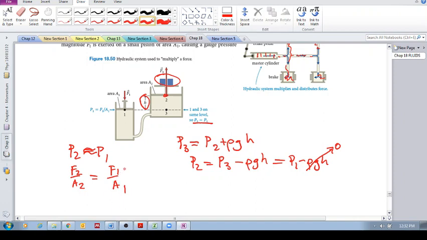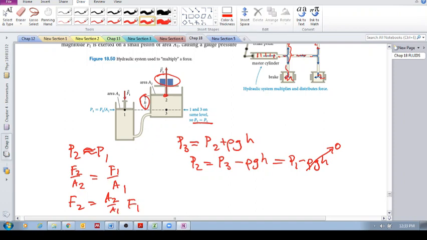Is that making sense? Pressure is force over area. So, if I'm applying a force F1, what is the force that is being applied over here? The force, F2, is A2 over A1 times F1.